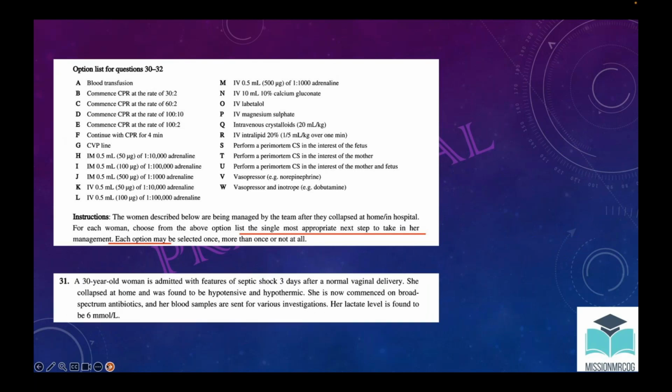So the patient is 30-year-old. Features of septic shock. She is hypotensive, hypothermic. Antibiotics are being given. Lactate level is 6. First, you will give her crystalloid.